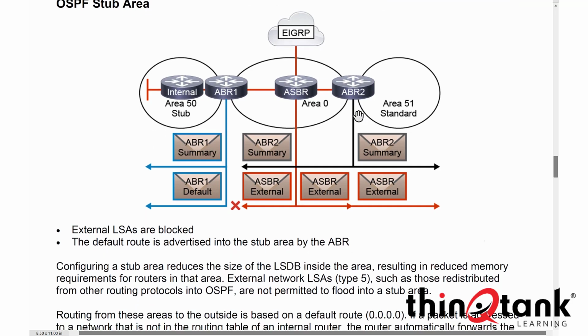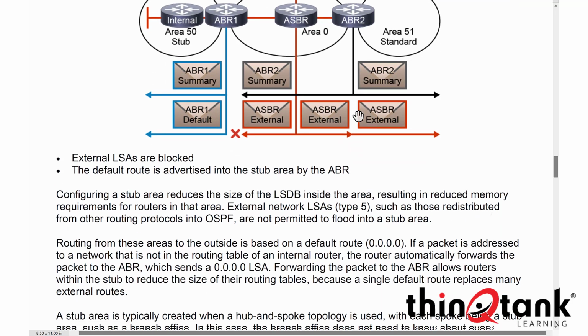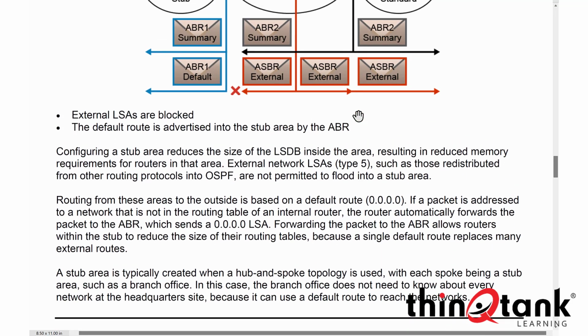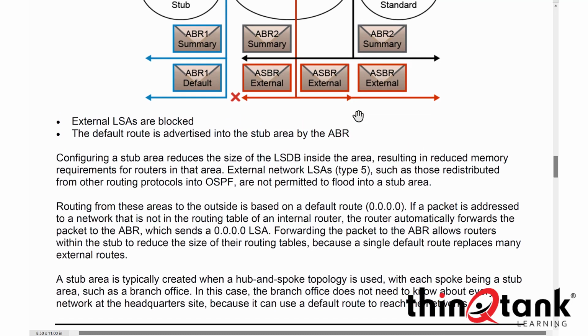In a stub area, though, let me scroll down here, get to the rest of the bullet points here. In a stub area, external LSAs are not allowed. A default route is automatically advertised into the stub area by the ABR. By the way, we set the area as a stub, not a router.